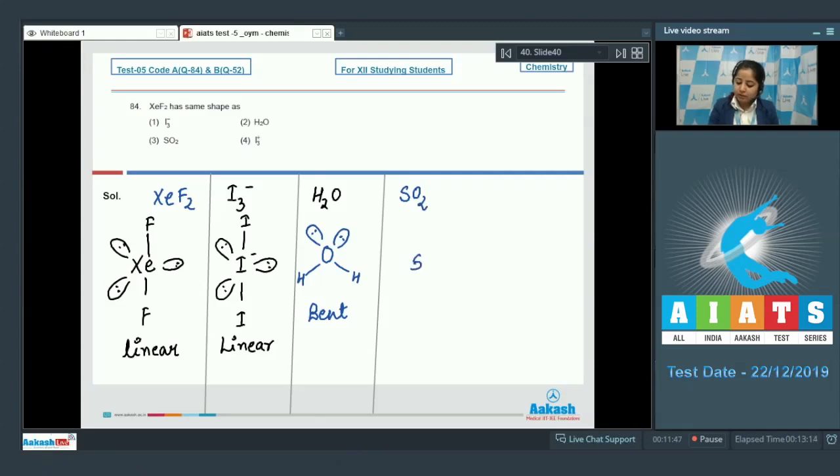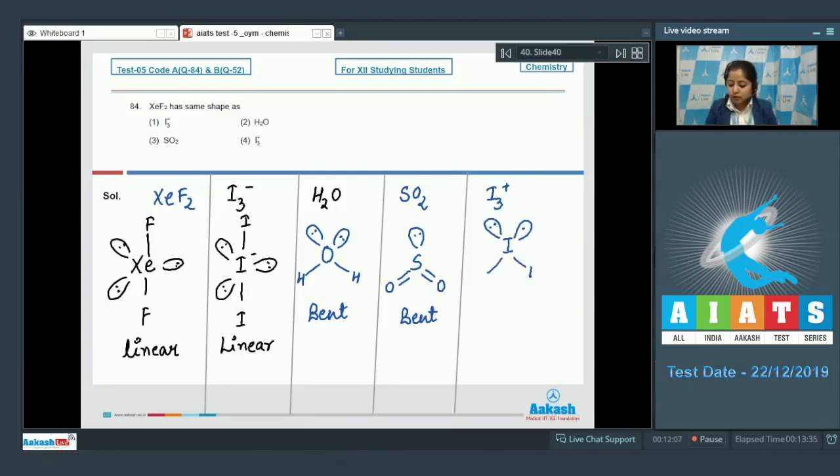In this case, sulfur has 1 lone pair and 2 bond pairs. So the geometry is bent. Moving to the last option, which is I3 plus. Iodine has 2 lone pairs and 2 bond pairs. So the geometry is also bent.